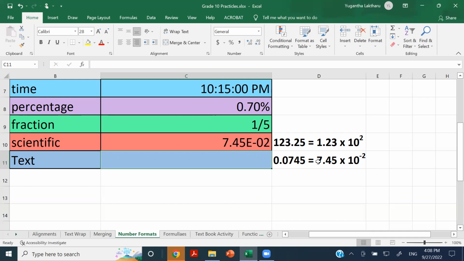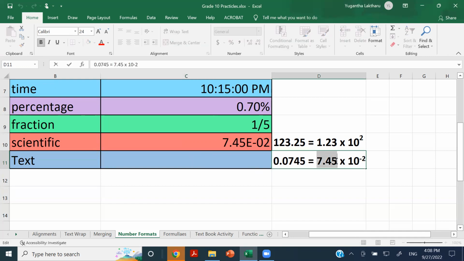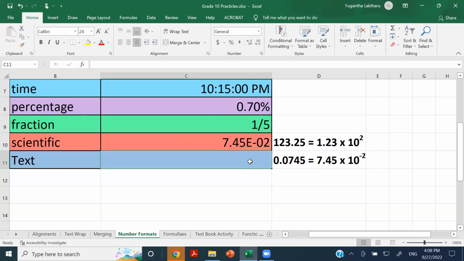So 7.45, like it shows here, and 10 to the power is given with E minus 02, given with minus 02. Right, so likewise, it's going to change.